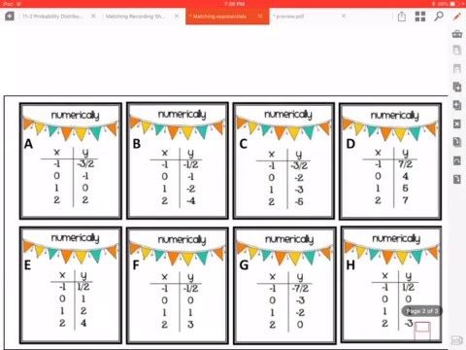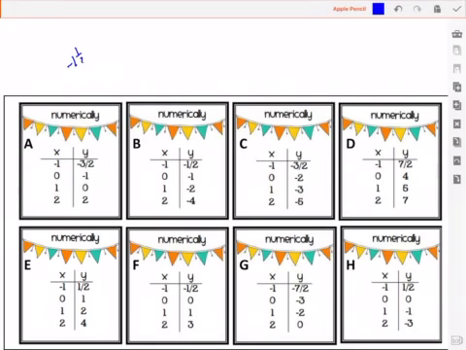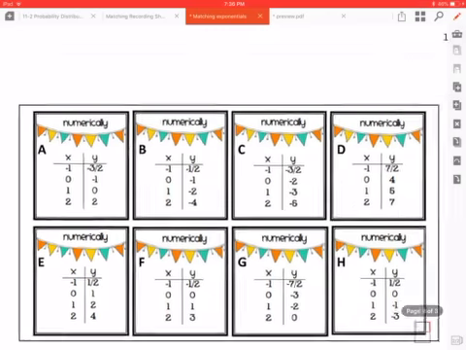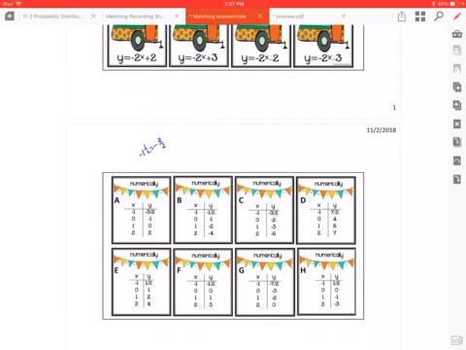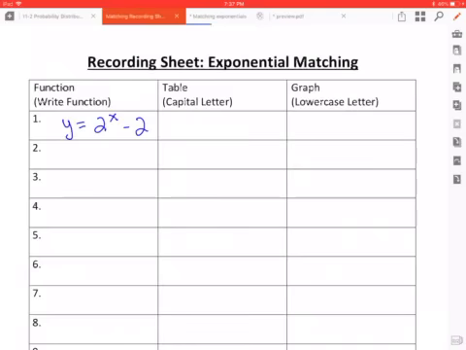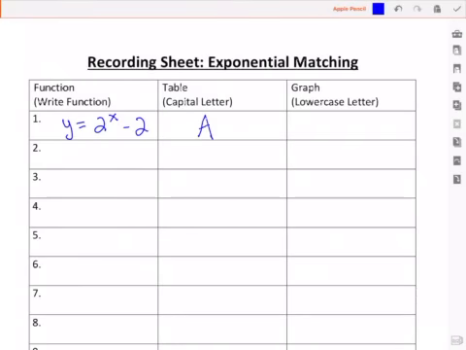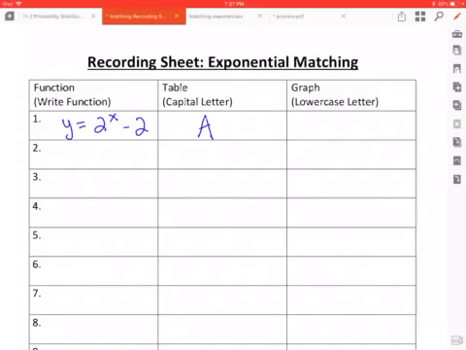So -1.5, well that's -3 over 2. All right, so it's that very first one: -3 over 2, -1, 0, 2. So we're going to put A on our recording sheet right there. Okay. And now the third one is asking for which one is the graph.